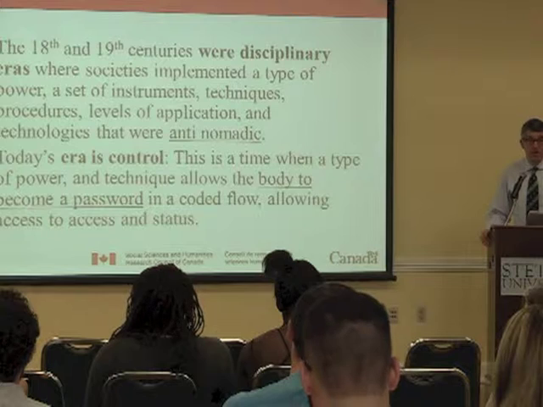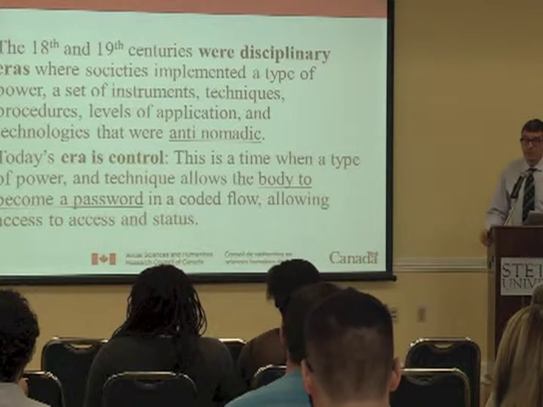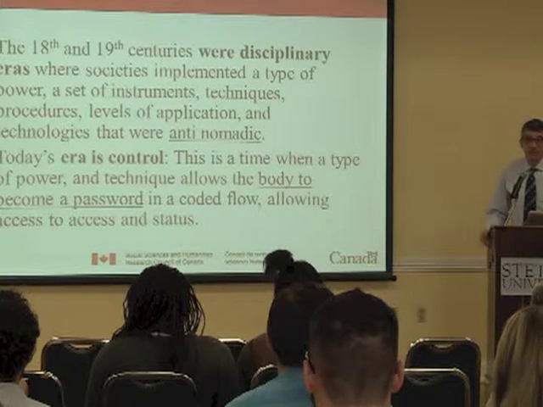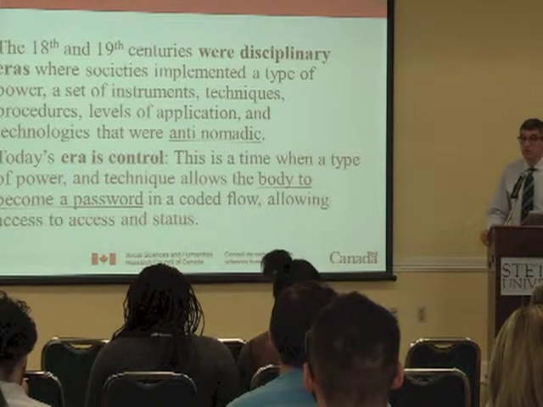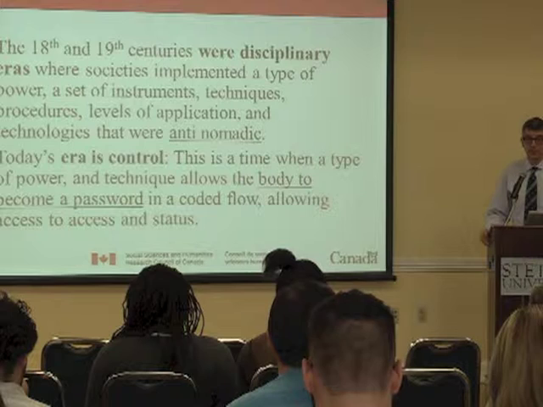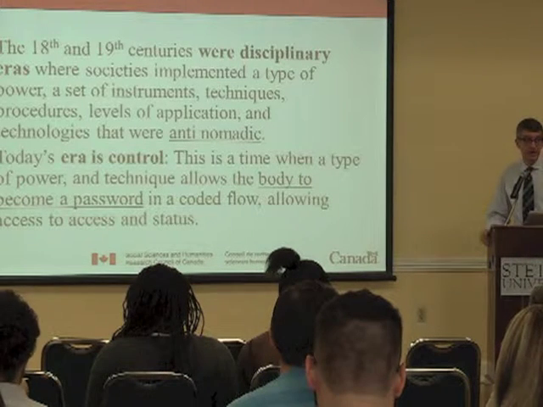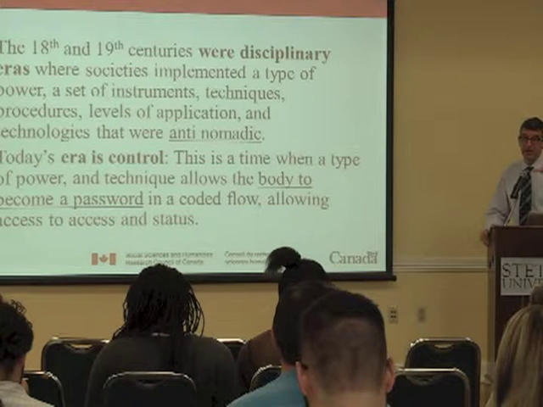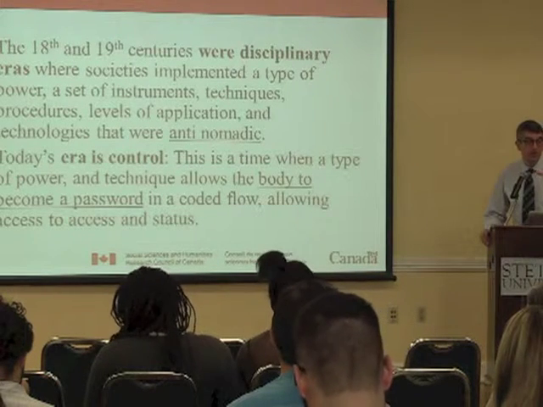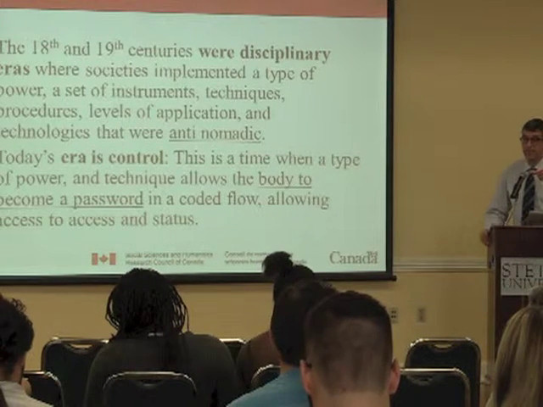The ultimate example of this is the invention of the identity card in continental Europe during the early part of the 19th century. The idea that if you are born in a specific village, then we can have a card made of you, and that every time you move away from that place, you need to show it up.